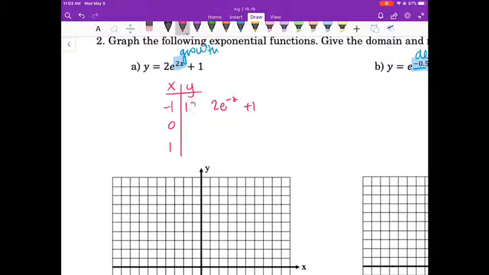When we plug that in, our decimal approximation is about 1.27. Then we have 2e to the 0 plus 1, and we get 3. And we have 2e to the positive 2 plus 1, and we end up getting 15.78.